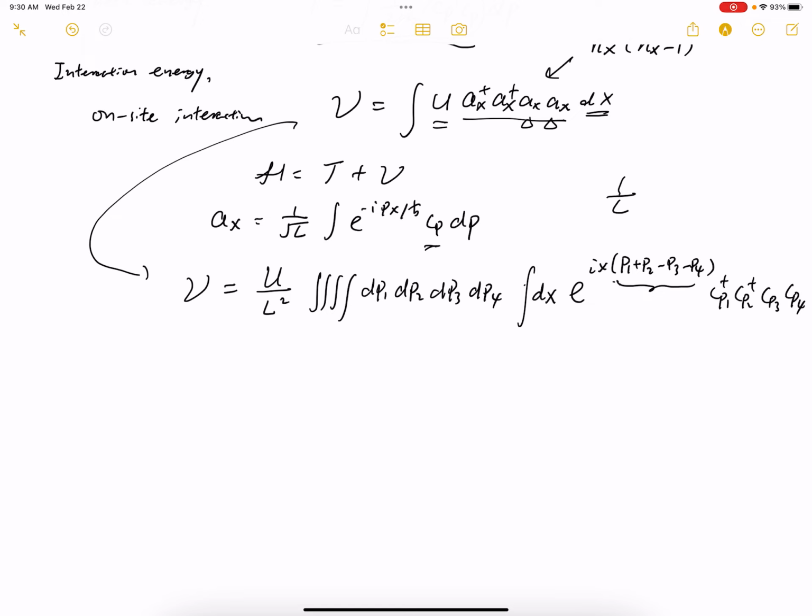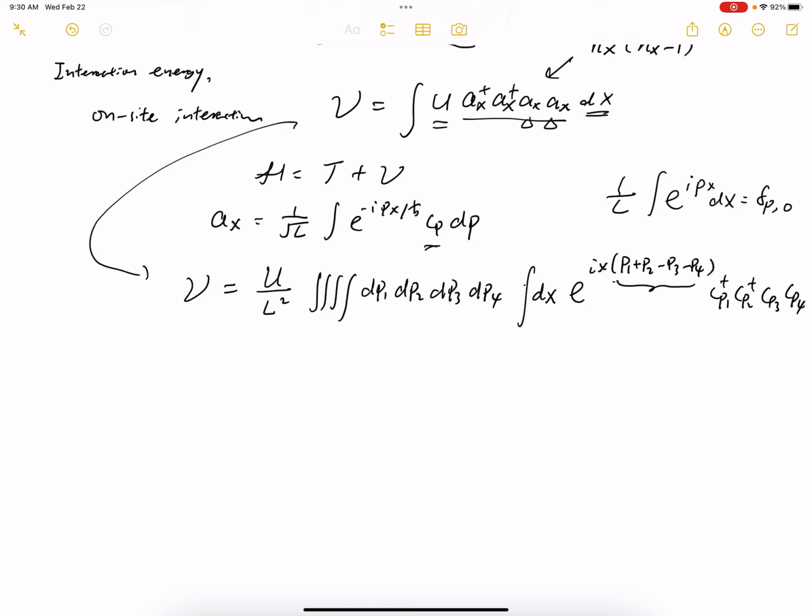If you have 1 over L and then the integral of e to the i p x dx, this is equal to the delta function of p. If you do an integration like this, then unless p is equal to 0, the integration is going to give you 0, and that's similar to your homework 1 problem.